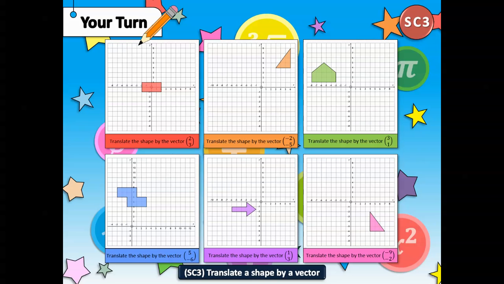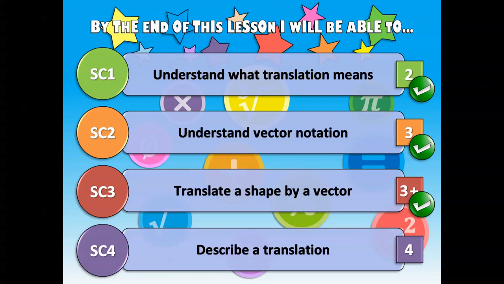Here are your answers, so you can mark those. And now we've completed success criteria 3. So now we're going to move on to number 4, and this is to describe a translation.